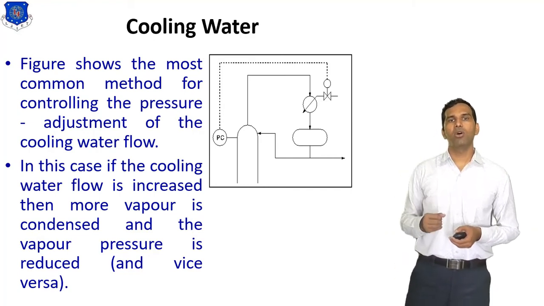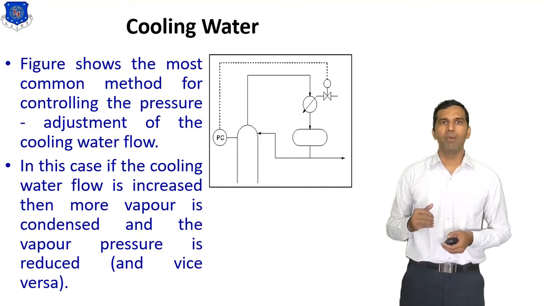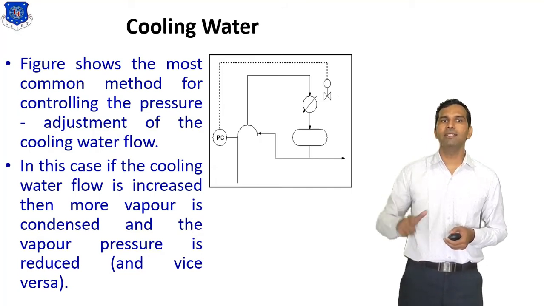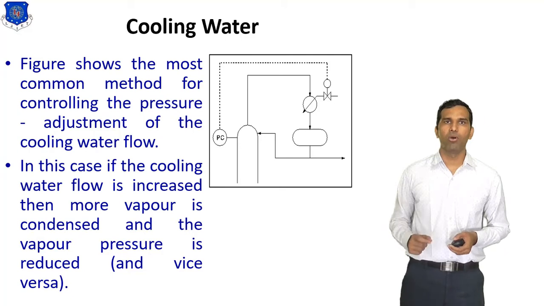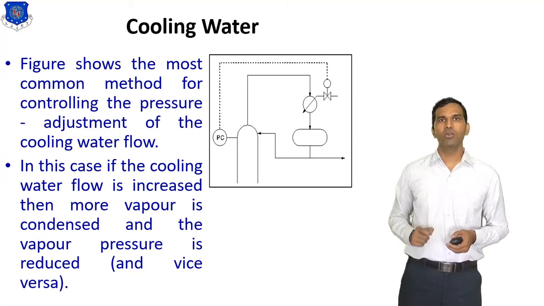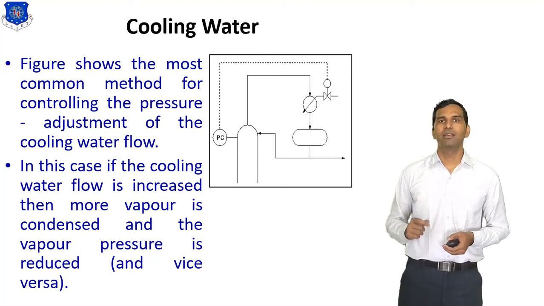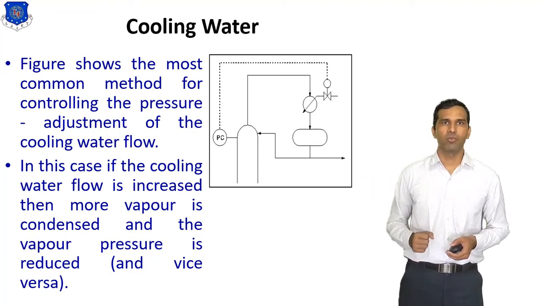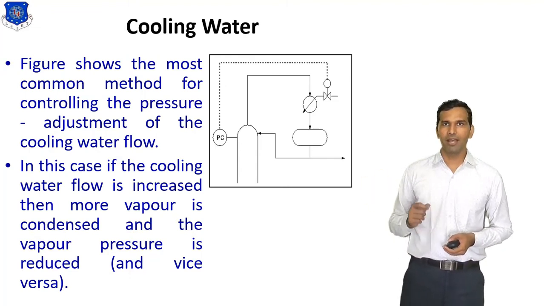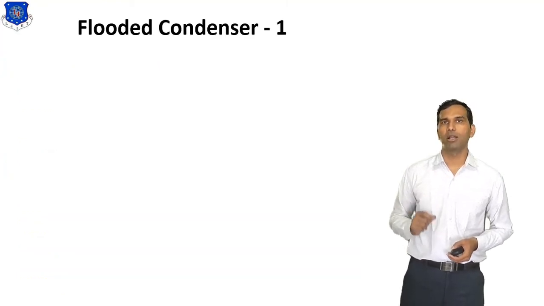So we can control the vapor pressure by increasing or decreasing the cooling water flow. That's why this scheme is called the cooling water scheme.